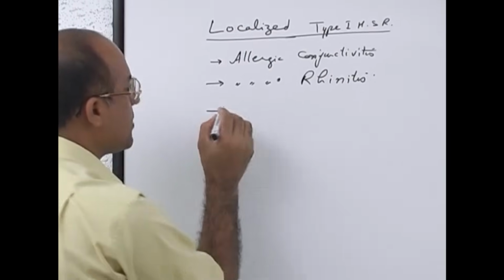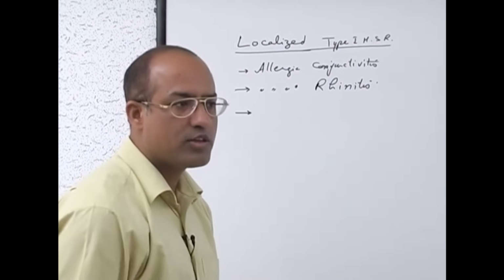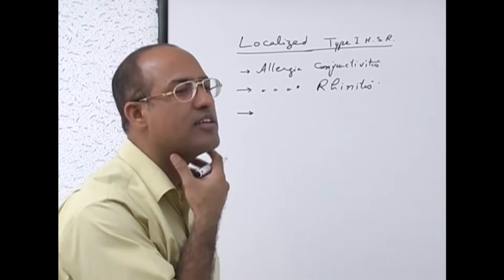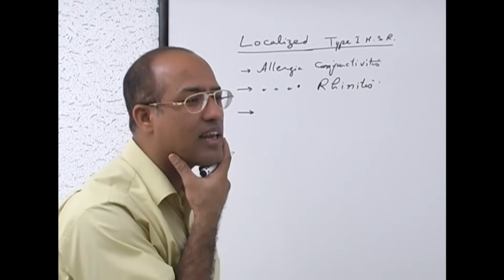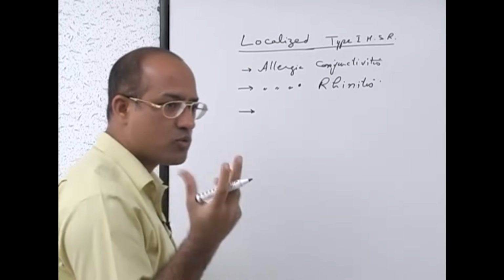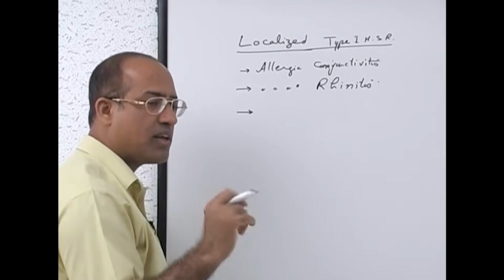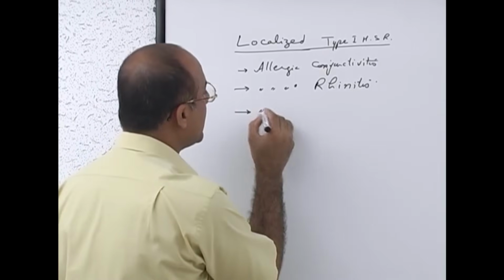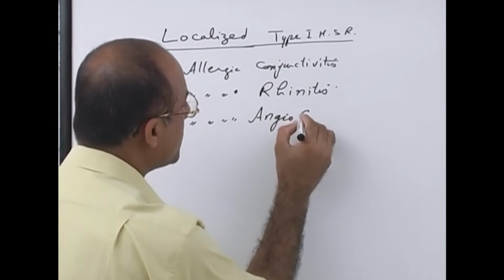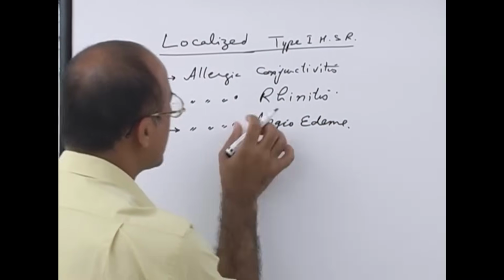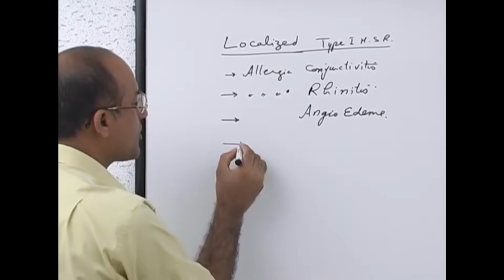Then there are some people who develop swelling of the lips. With that, there's swelling in the larynx and pharynx, and all that swelling in response to some allergic substance is called allergic angioedema. That is called angioedema, right?